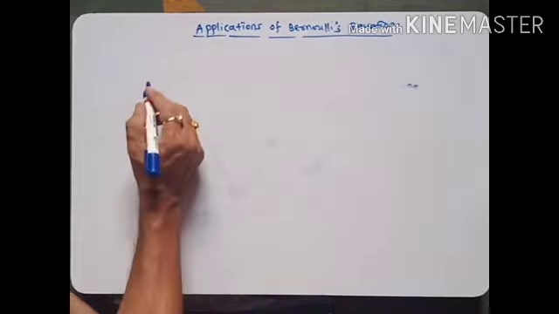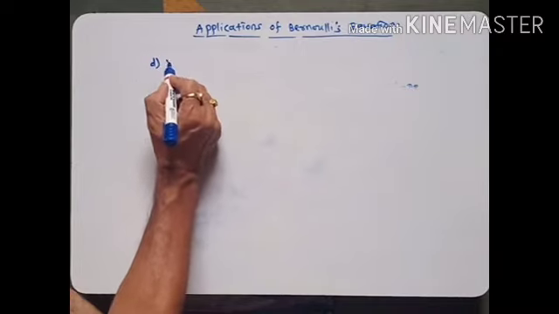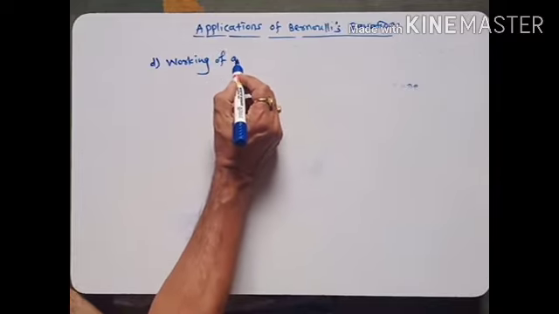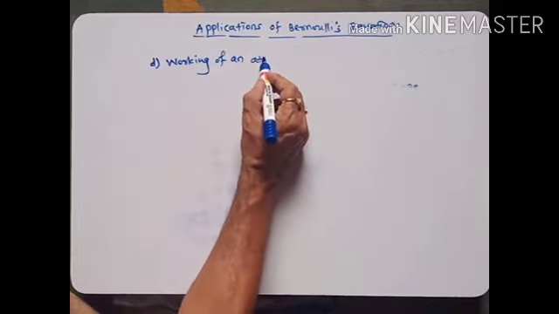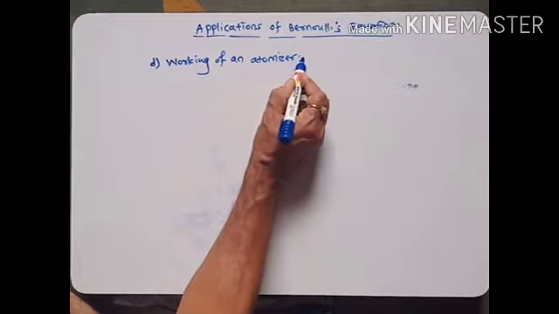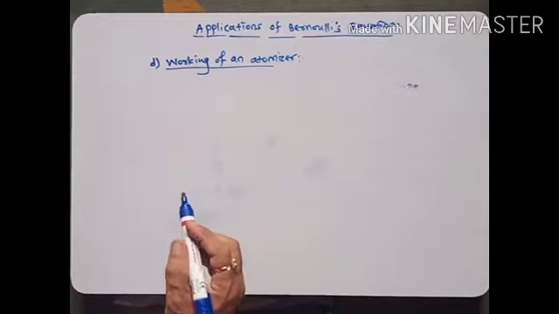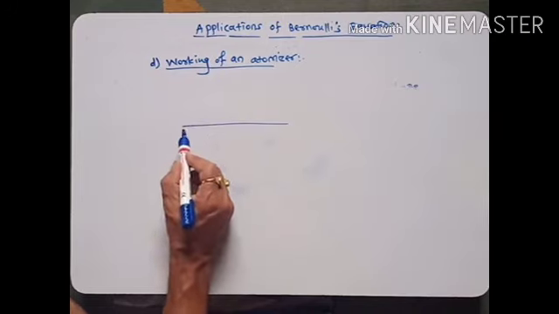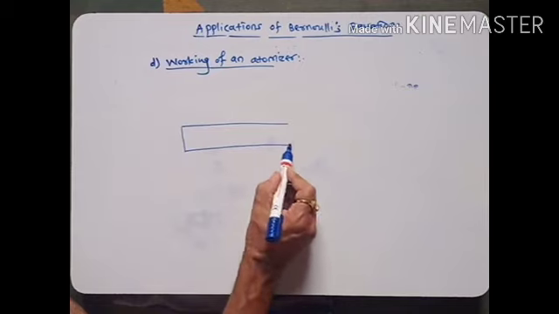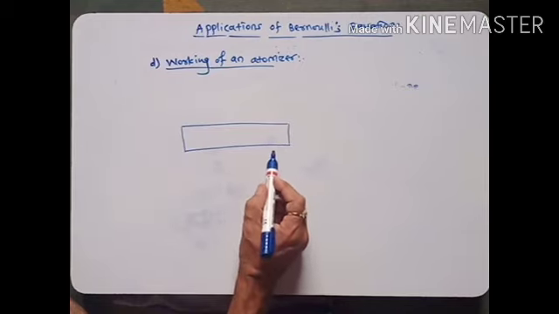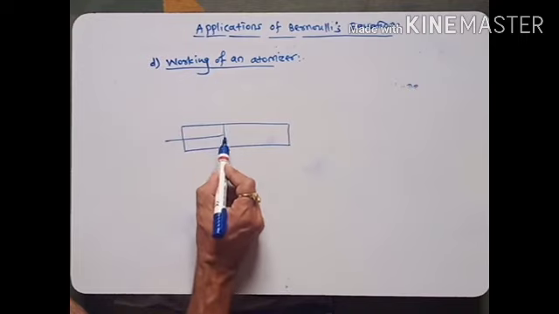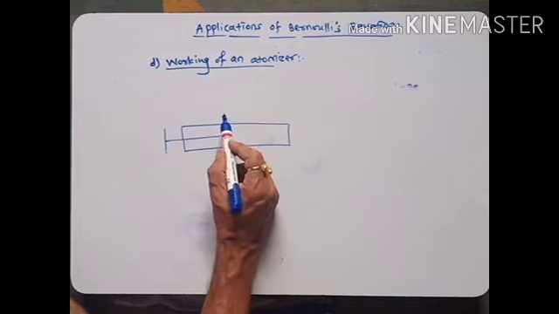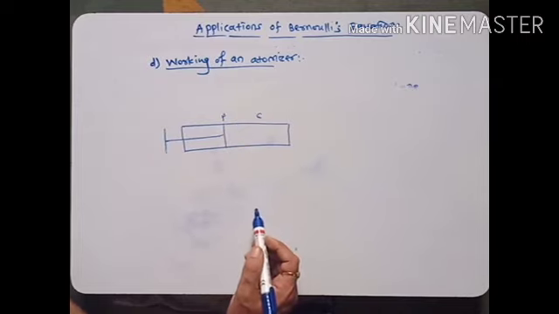We can see the next application, the working of an atomizer. Suppose you consider a simple diagram here. Suppose P is the piston and C is the chamber.